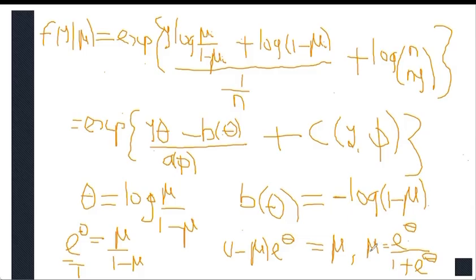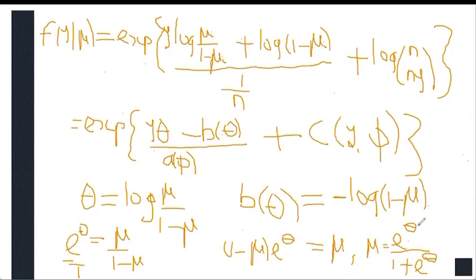Now, mu equals e raised to power theta divided by 1 plus e raised to power theta. Don't forget, what you're looking for is a function of theta to plug in here. Right now, this is what mu is equal to.